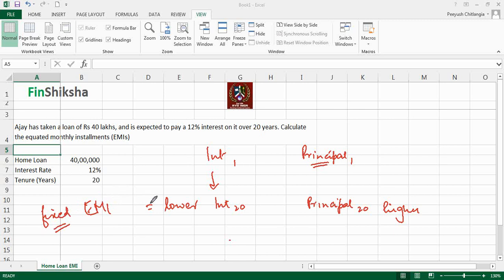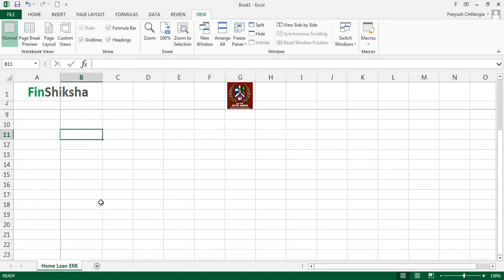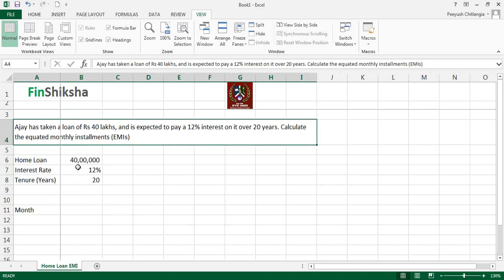So let's try and create what is called an EMI schedule and try and understand how that works. Let's go down and put in a few terms here. We are going to put the month number because it's an equated monthly installment. Let's look at the question statement. Ajay has taken a loan of 40 lakhs and is expected to pay 12% interest on it over 20 years.